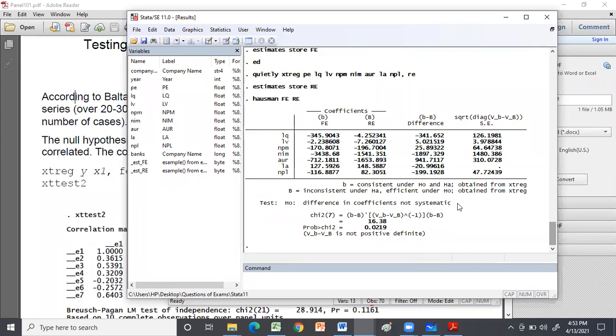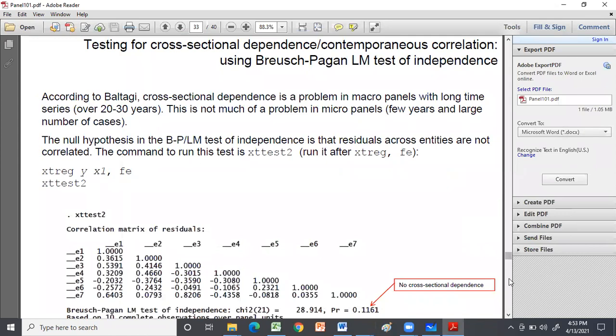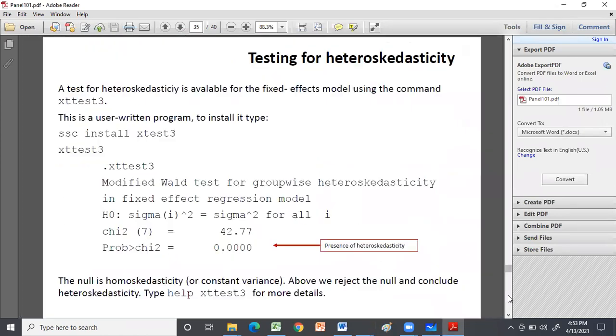I repeat, when you are doing the Hausman test, its null hypothesis assumes that random effect is better than fixed effect. Okay, that is what is actually suggested there also.